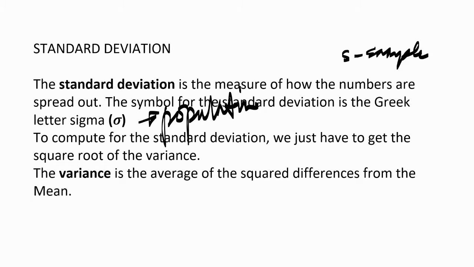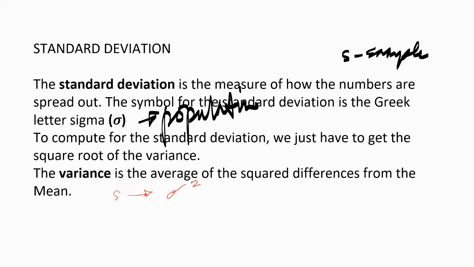I think we have already discussed that at that time. Now, since we're using sigma for the symbol of the standard deviation, therefore variance is going to be not s squared, but this time we're going to be using sigma squared. So the same thing pa rin yung process ng pagko-compute natin ng ating variance and sigma.